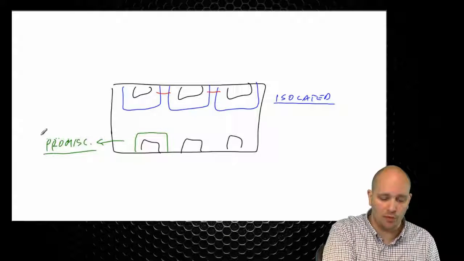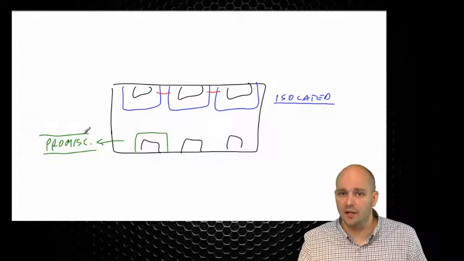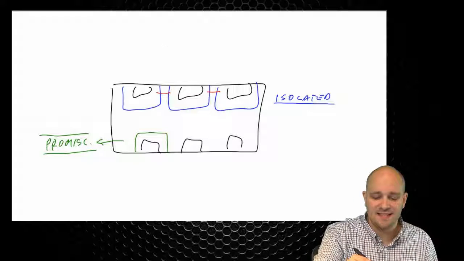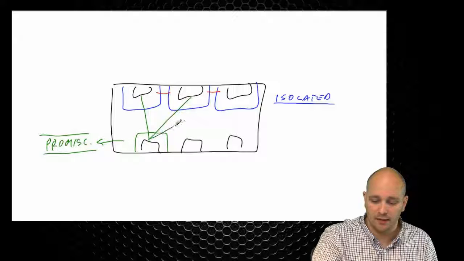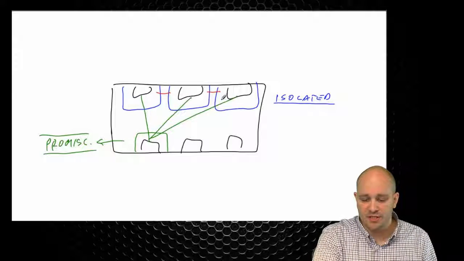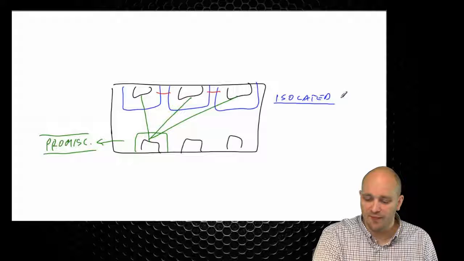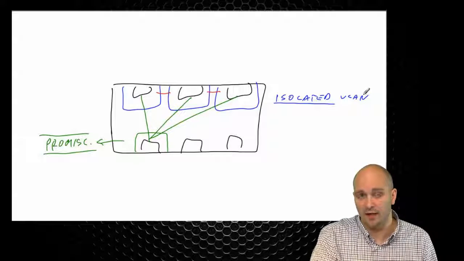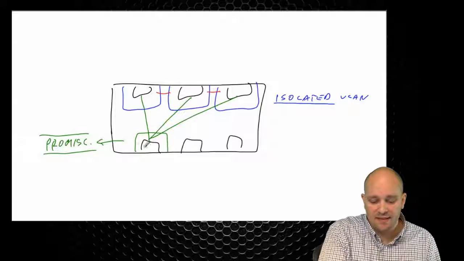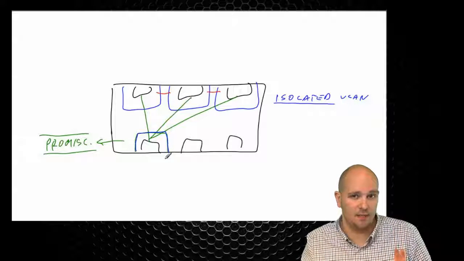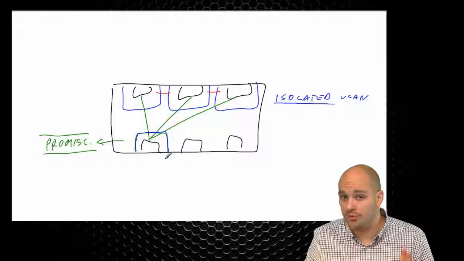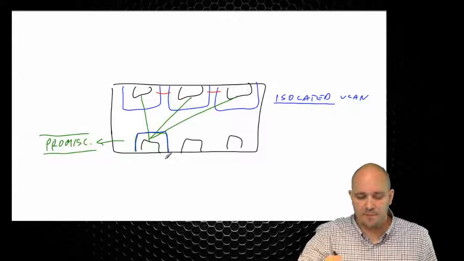Now, promiscuous port in private VLAN terminology is the port that is allowed to communicate with isolated ports. So these ports here are all in the same secondary VLAN, in isolated VLAN, and this port here, the promiscuous port, is just designated to be the promiscuous port. So there is no separate VLAN for this.